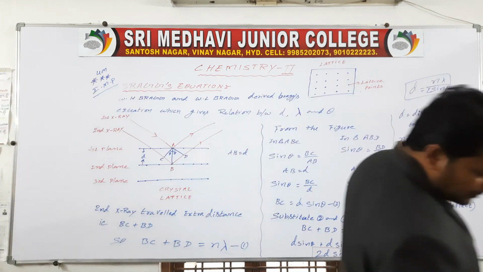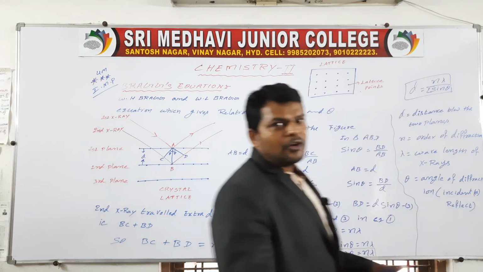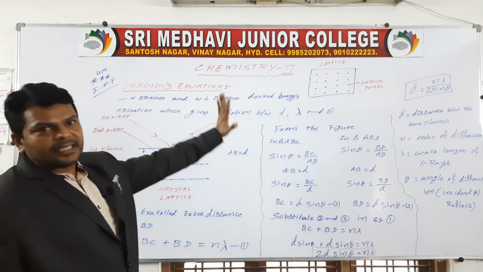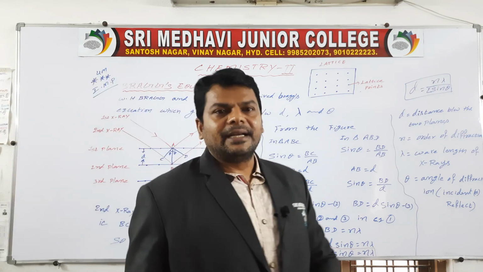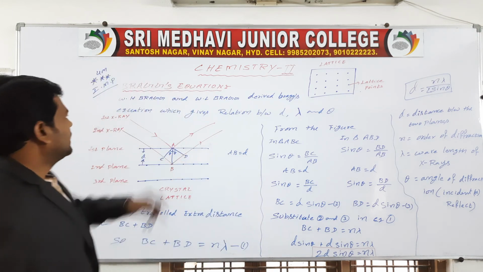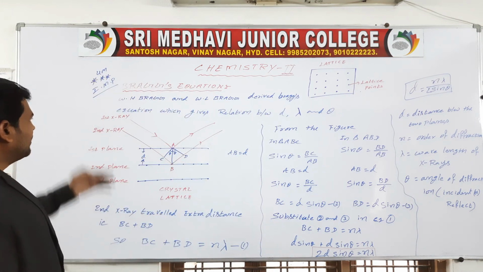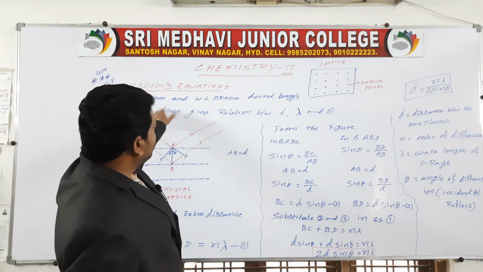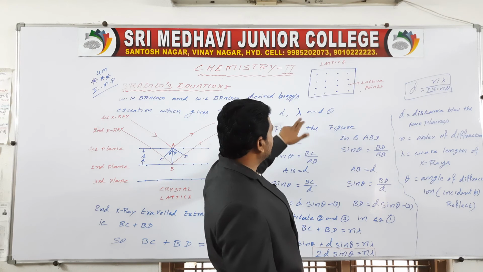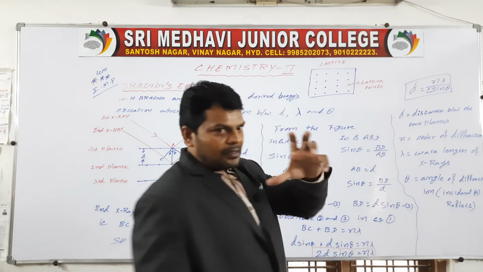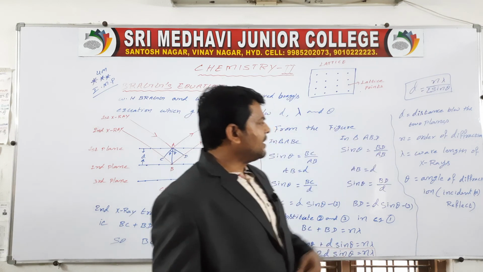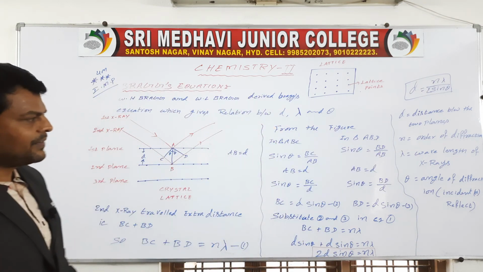W.H. Bragg and W.L. Bragg were father and son. On the combined study of father and son, they gave Bragg's equation, which gives a relation between d, the distance between the two planes, lambda, the wavelength of X-rays, and theta, which is the angle of incidence or angle of diffraction.